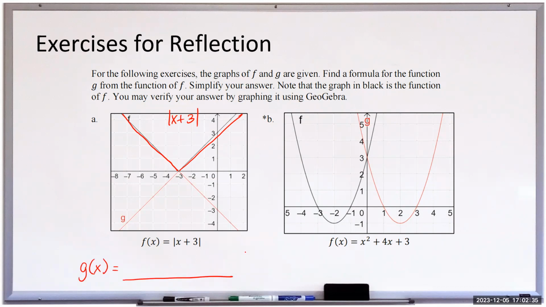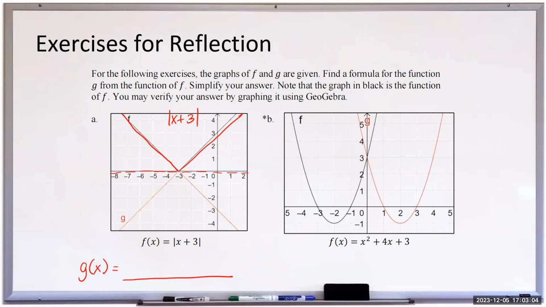Okay? So, ganun din sa item B. So, unahin na natin si item A. What can you say about f and g? Based on this graph, we can say that g is f reflected over the x-axis. Okay, kasi ang mirror line natin dito ay itong ating x-axis.